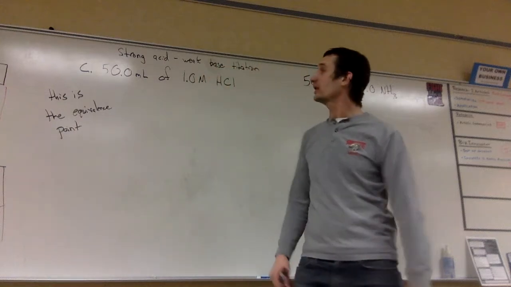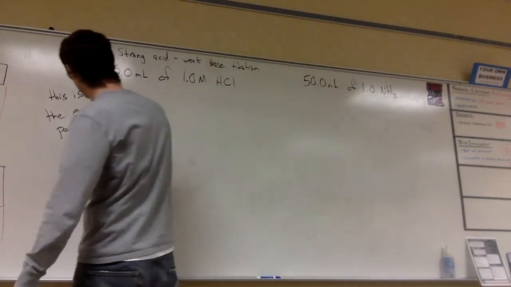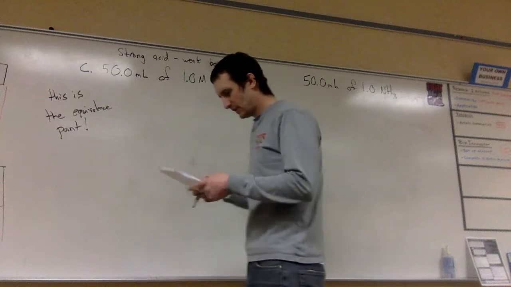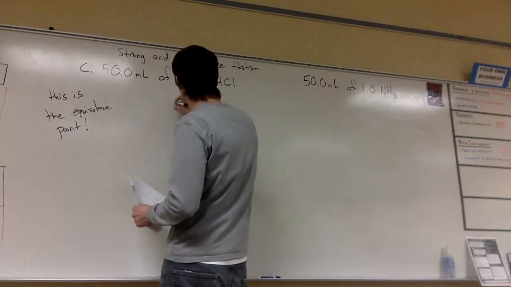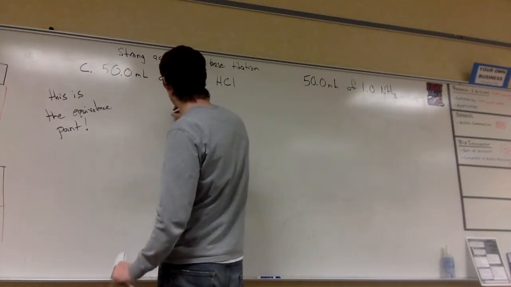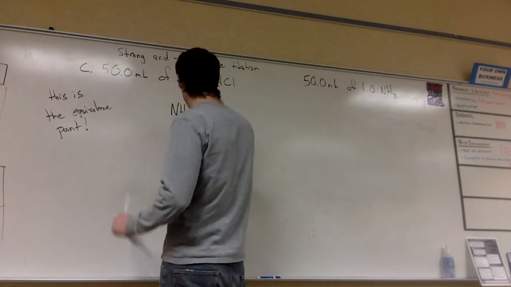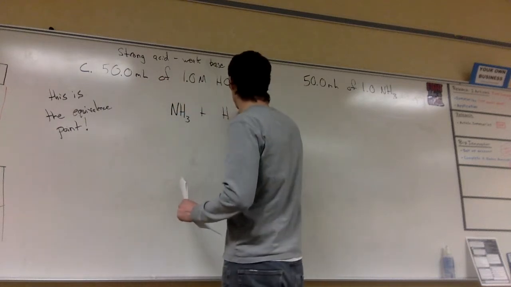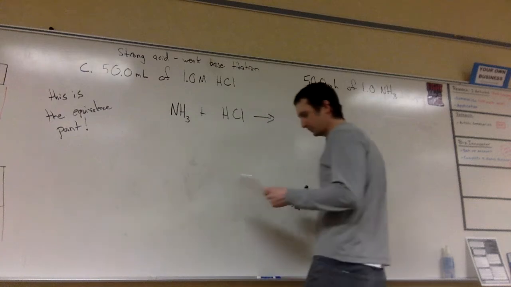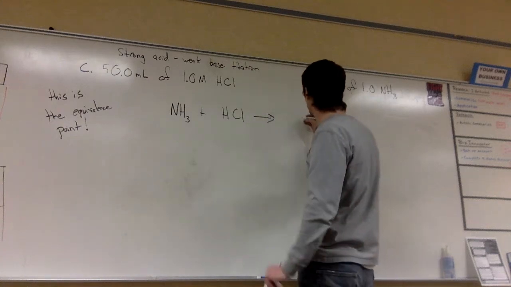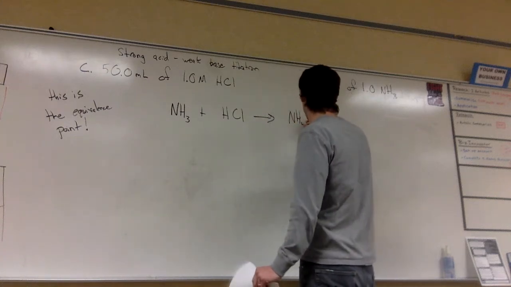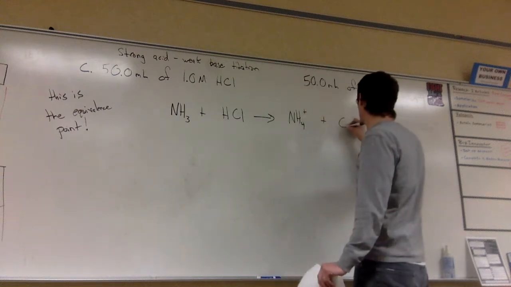And so this titration, I'm going to again write out the titration reaction. We had NH3 and HCl. When these neutralize, we get the ammonium ion and the chloride ion.